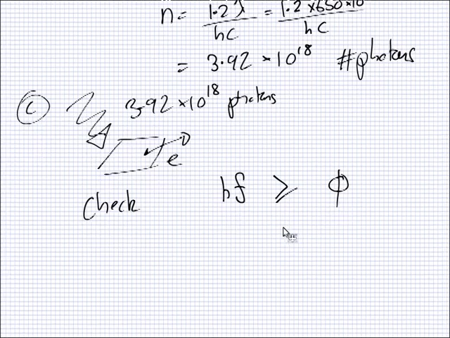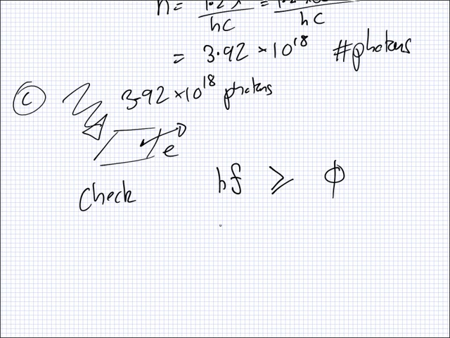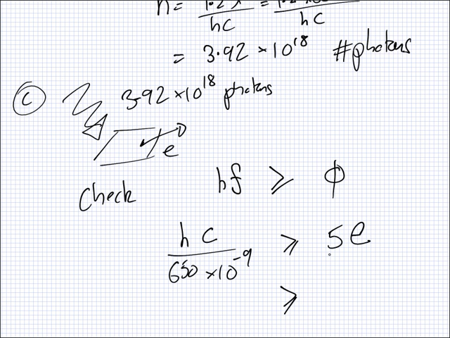So let's check. What's h? Well, we know h. That's c. Lambda, we said, is 650. And the work function, we said, is 5 electron volts. So let's just see. Matt, maybe you could do the left-hand side, and I'll do the right-hand side.